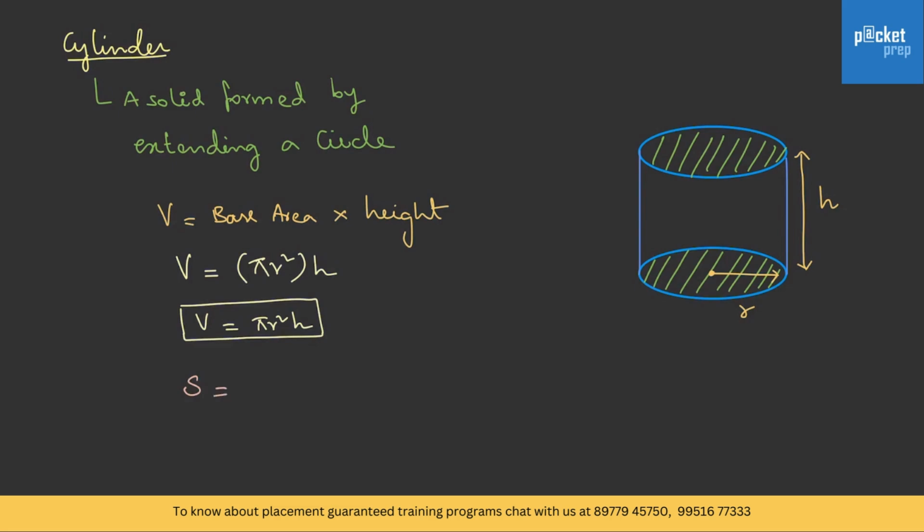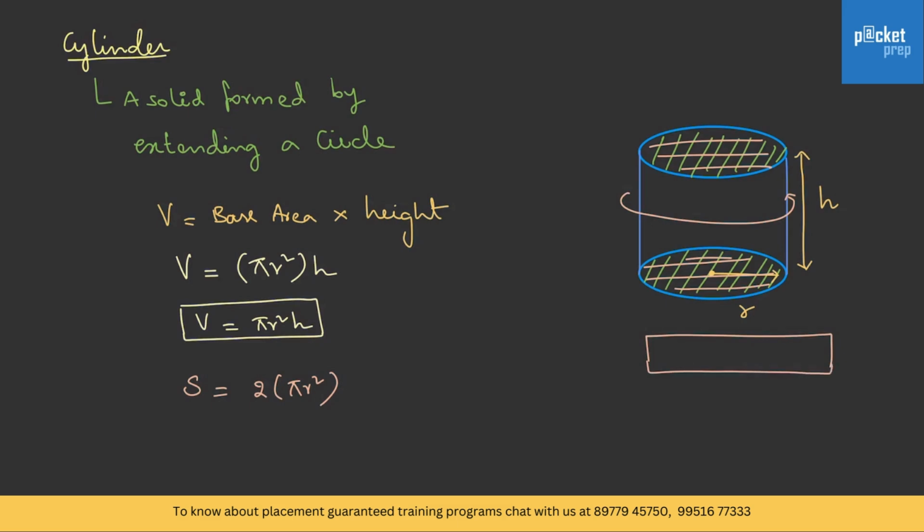Now coming to the surface area, we can take it as 2 circles plus this round wrap. So 2 circles area is 2 times of pi r square, and in order to get the outer surface area, let me think this is like a hollow cylinder, and if we are taking a scissors and cutting it, if we open it up, it forms a plane sheet with the height to be h, and this length is basically the circumference of this circle, which is 2 pi r.